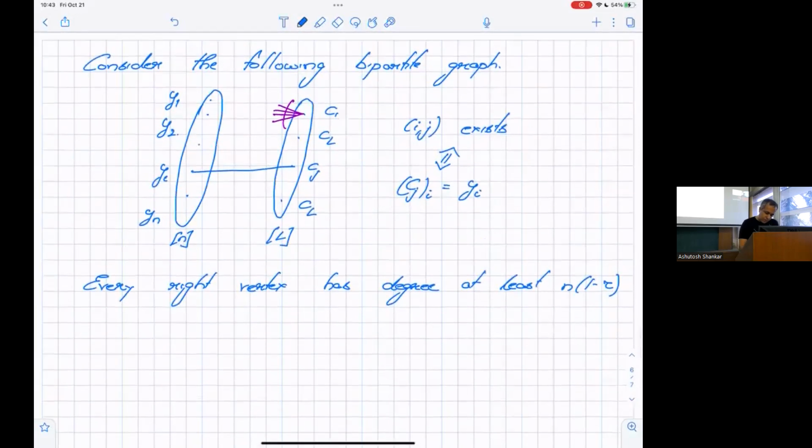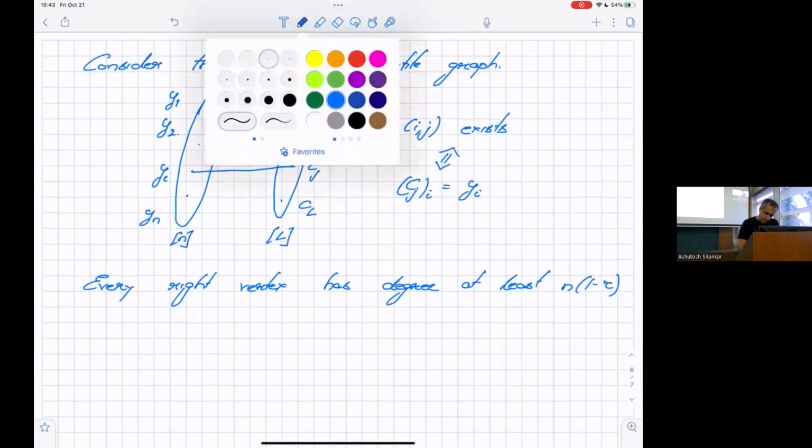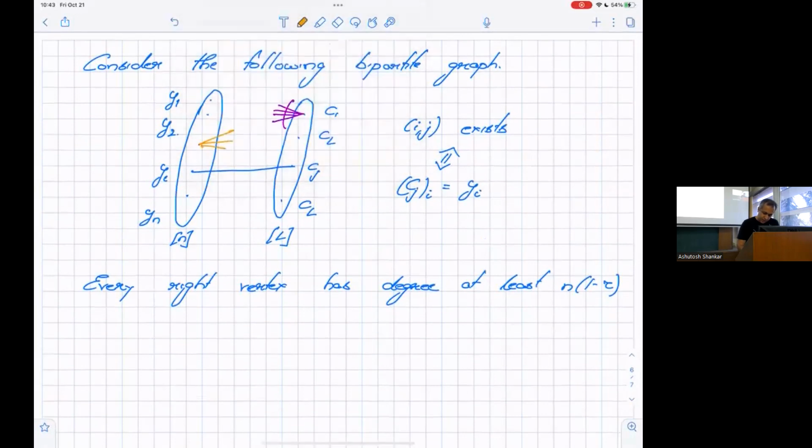Let's also look at the degree from this side. Let this be the degree, say d1, d2, dn. Basically, di is the number of codewords in this list L which agree with y at the ith coordinate.